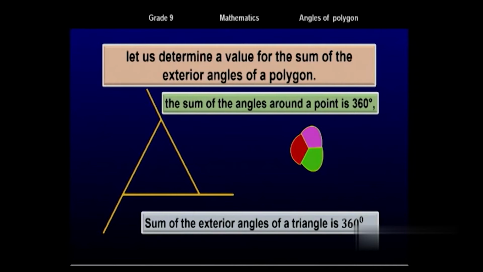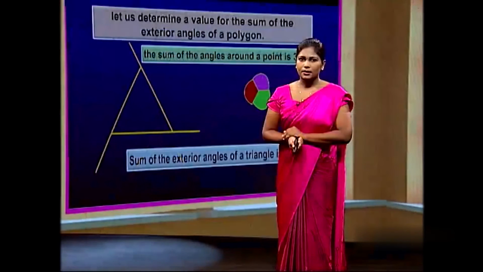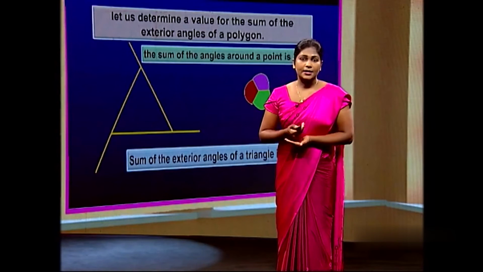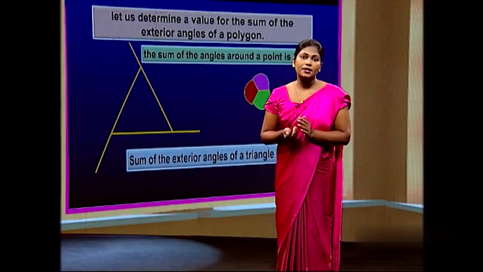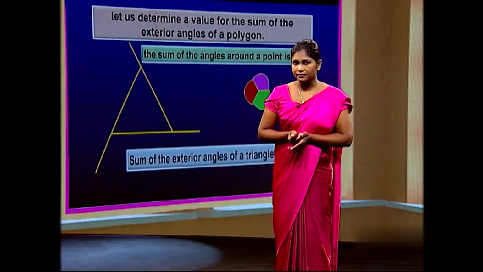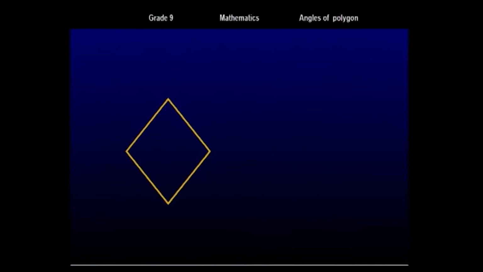So what about the other polygons? Let us see the sum of the exterior angles of a quadrilateral. Okay children, hope you are ready. Then you have to draw a quadrilateral like this. As you wish, you can draw any quadrilateral. Again you have to mark exterior angles. Then color these exterior angles.